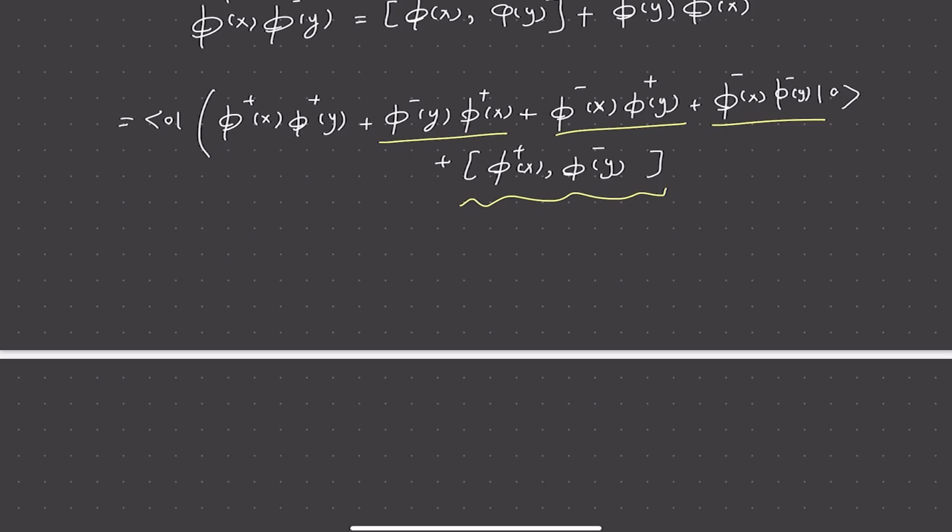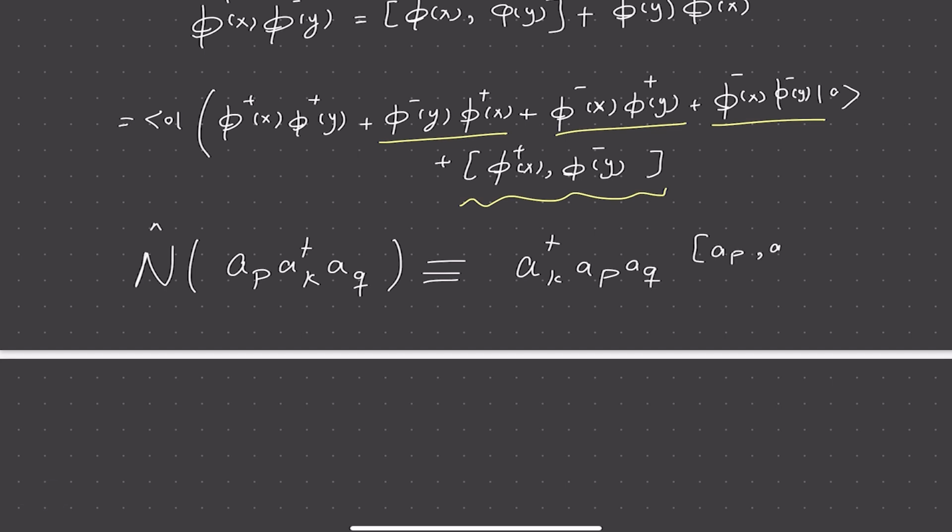The operation of normal ordering on certain kinds of fields with creation and annihilation operators, for example, you have a_p, a dagger_k, a_q. Imagine you have something like that. This is defined, that's why I'm using three lines, in this way: it's going to be a dagger_k, and then you have a_p and a_q. Since a_p and a_q commute with each other, you can also interchange the order of them, so it doesn't really matter.